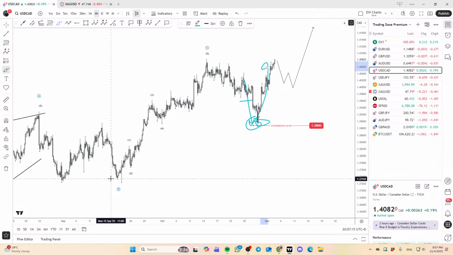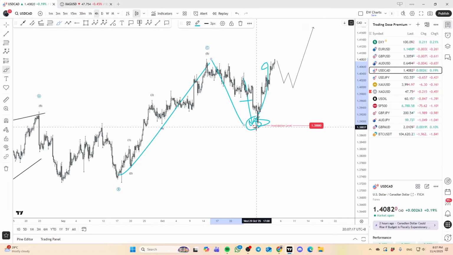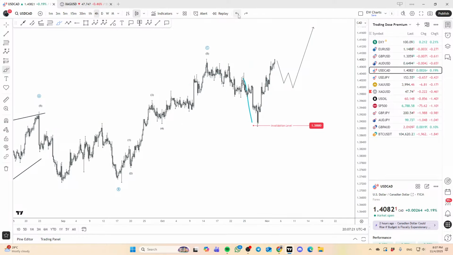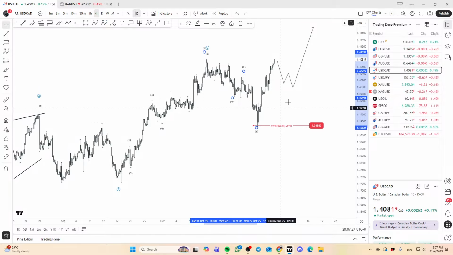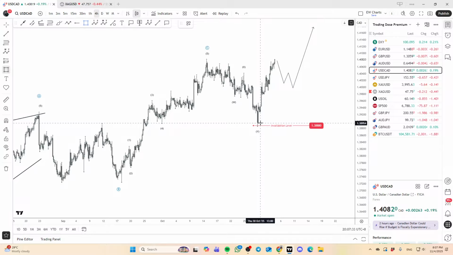Because from a wave perspective, we have 5 wave. This is a pullback. Very classical 5 wave kind of pullback, in a way, right? Because if you take a look at the details of this, okay, we came down in 3 waves, where the price came back down towards where the previous wave 4 territory is, okay.